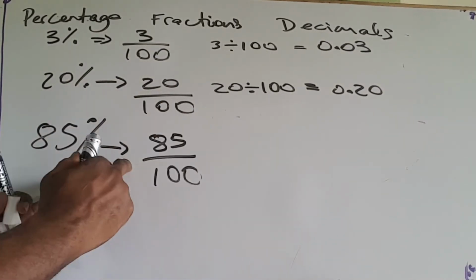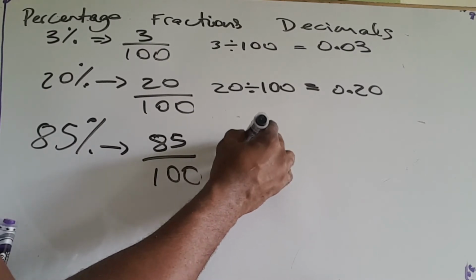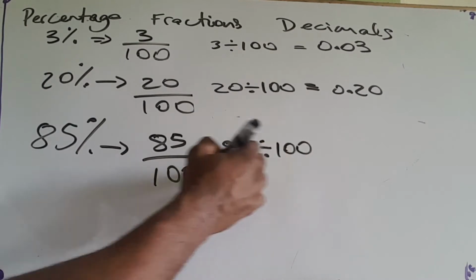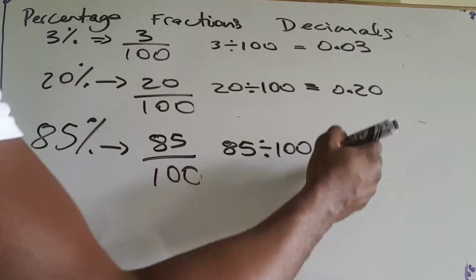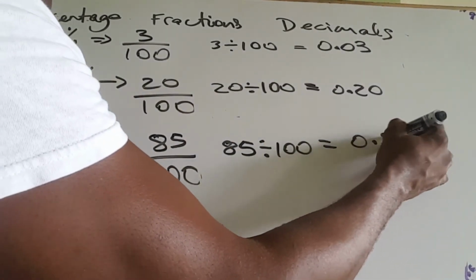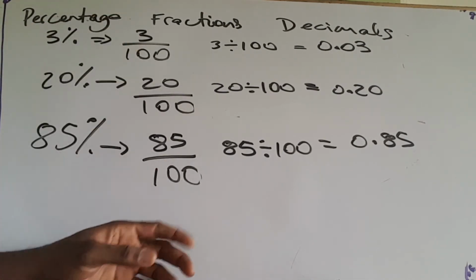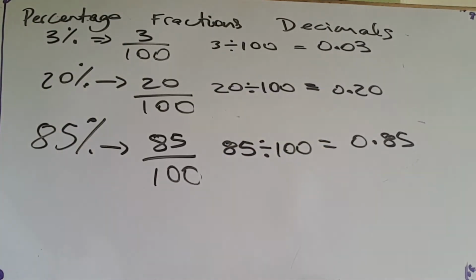Let's look at this one. It means 85 divided by 100. As a decimal, it's 0.85. So as you can see, there is a direct relationship between percentage, fractions, and decimals. We could move from one to the next.